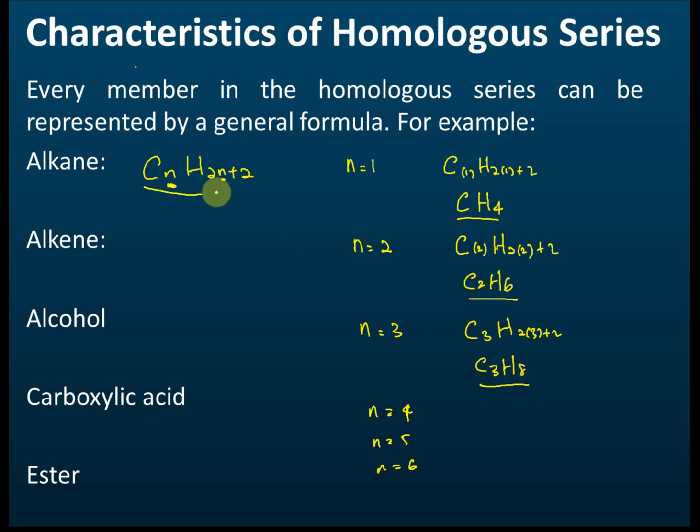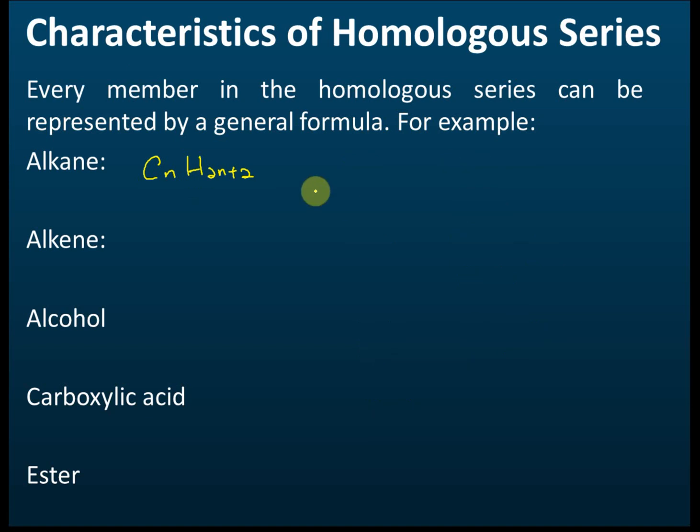This is the general formula. This general formula represents the molecular formula for all the alkanes. That is what it means by the general formula. So the general formula for alkane is CnH2n+2, where n equals 1, 2, 3, and so on.